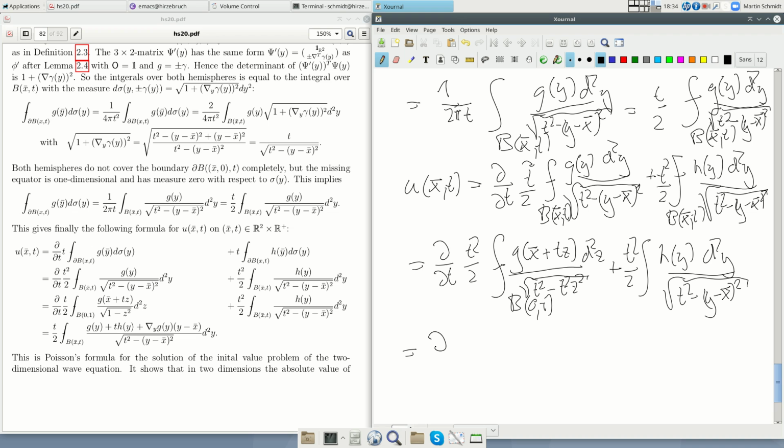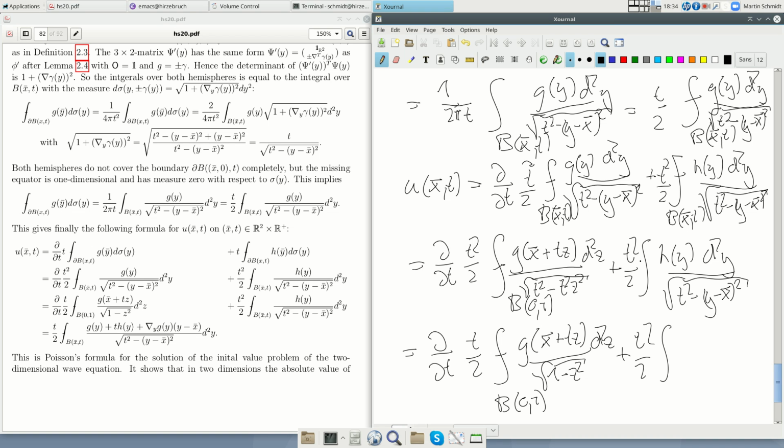And then we get d by dt, t over 2, mean value of g of x bar plus tz divided by 1 minus z square, dz square over the unit ball, plus this term we leave as it is.